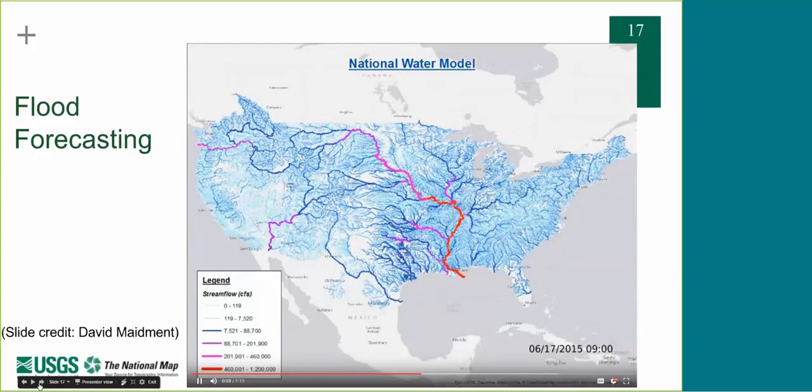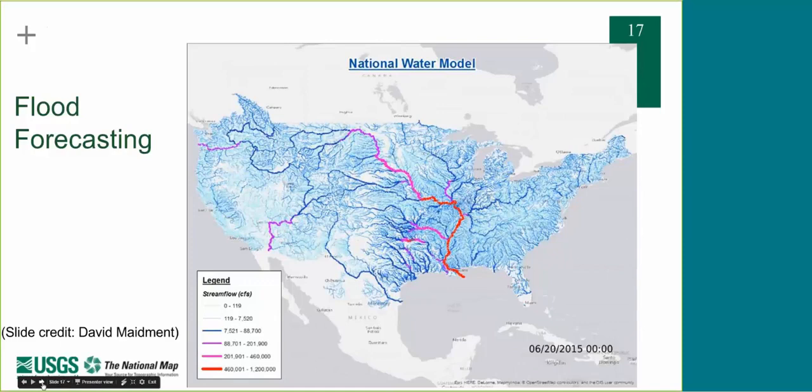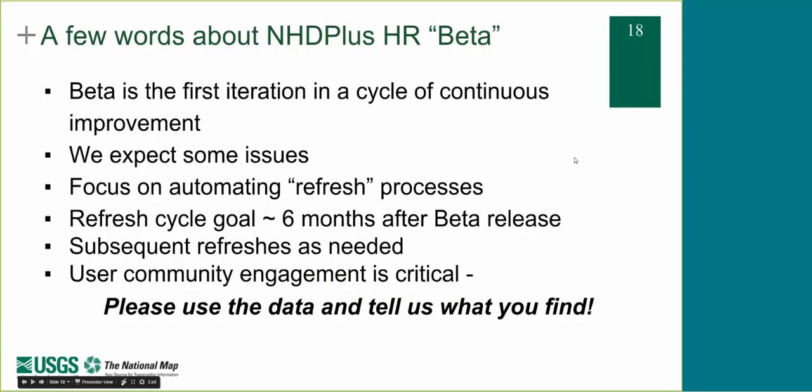So there are literally hundreds of other applications that have been built from the NHDPlus medium resolution. So we are hoping and expecting lots more applications to come from the high resolution NHDPlus. So I wanted to add just here a little bit of information about what we are calling the beta release of the NHDPlus high resolution.